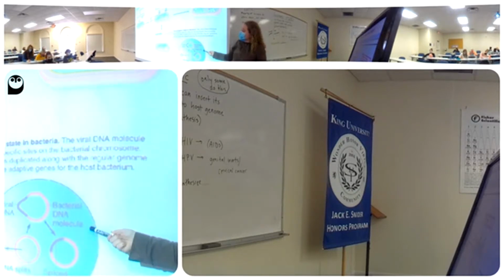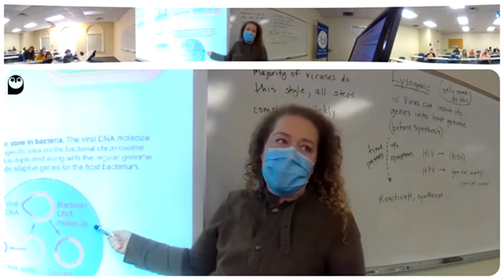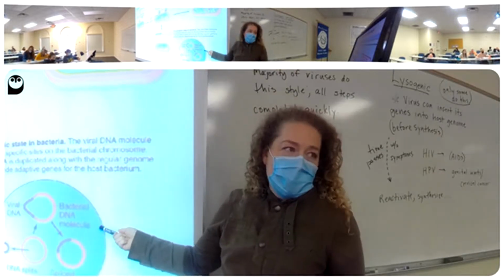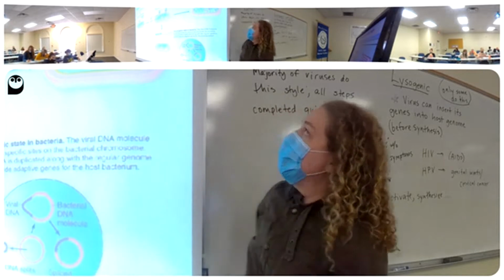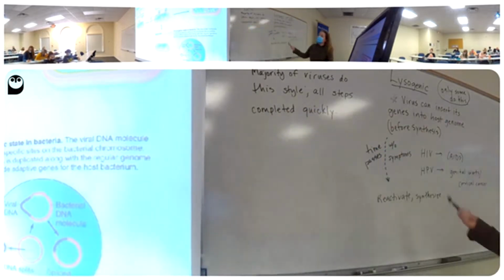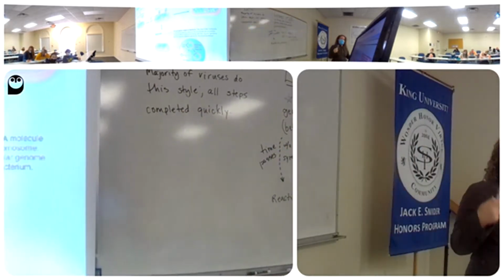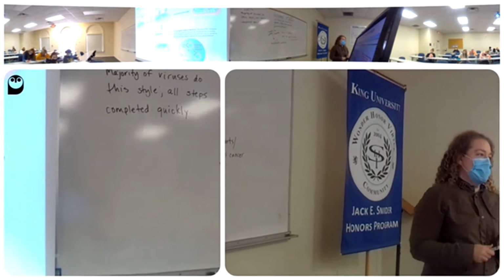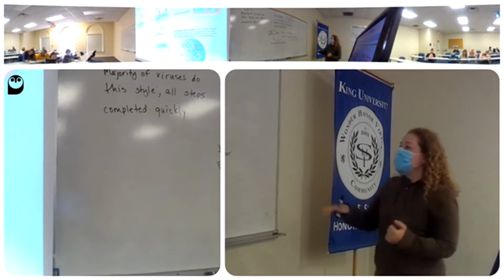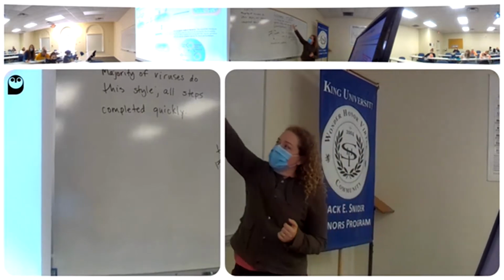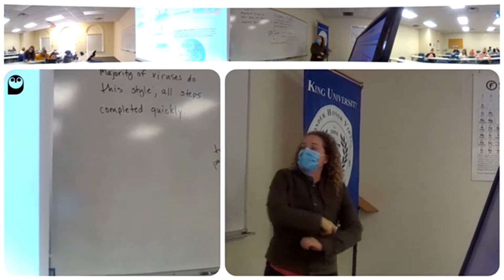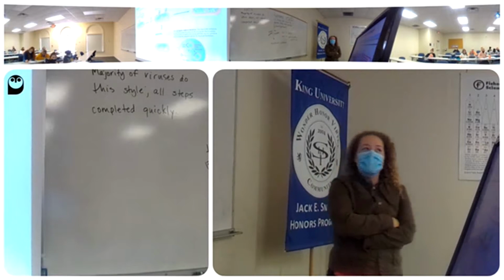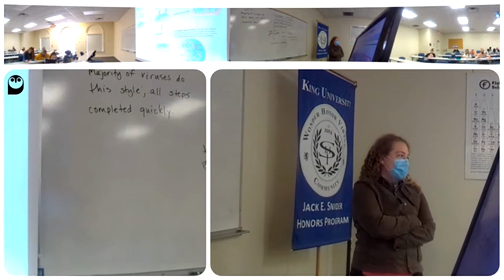At some point, the virus will stop being in lysogenic, kind of dormant state, and it will go back into synthesis, assembly, release, and start doing the rest of the life cycle. So viruses that cause this kind of lysogenic state, you're infected, but you don't have any symptoms for some amount of time.